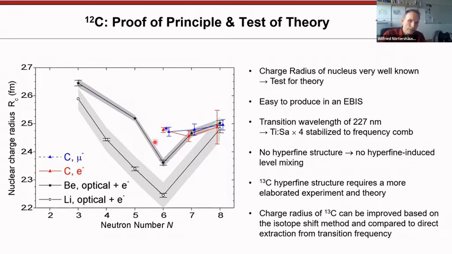We started with carbon since it is easy to produce in the EBIS. It has a transition wavelength of 227 nanometers, which we can easily produce with our titanium-sapphire system. We have no hyperfine structure, and we can then continue to carbon-13 and introduce the hyperfine structure. We're getting, step by step, a little bit more complicated. And also we have these very nice reference radii.